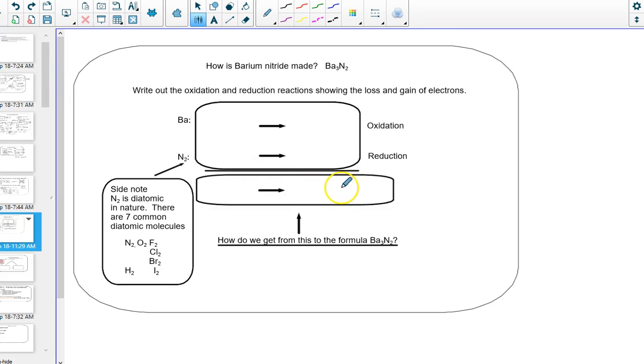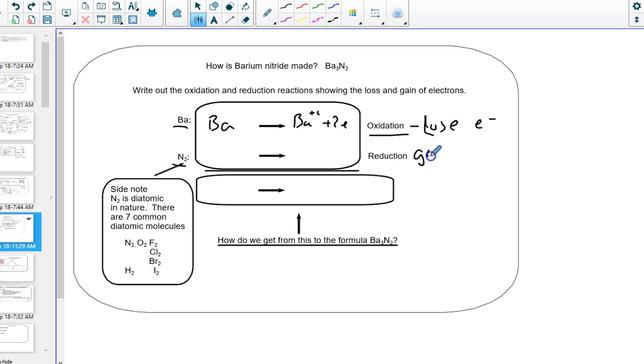Here's another example. Again, I'm just going to briefly run through these because I don't want to go through it too much, but the metal's going to oxidize and the nitrogen's going to get reduced. So the barium is going from barium to barium plus 2, and then here's the 2 electrons. This is the idea of losing electrons. That's what we call oxidation.